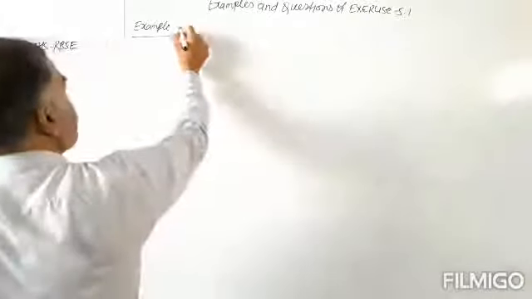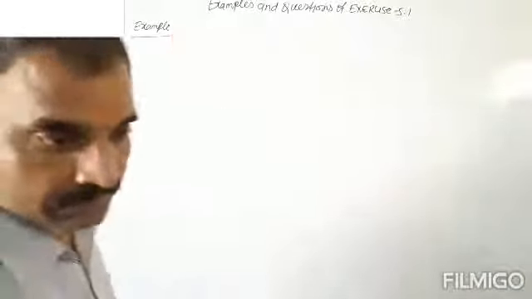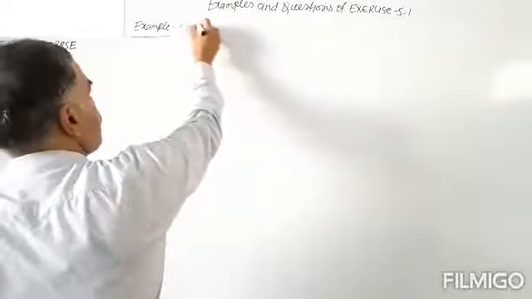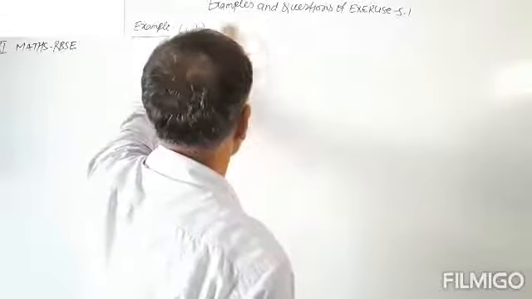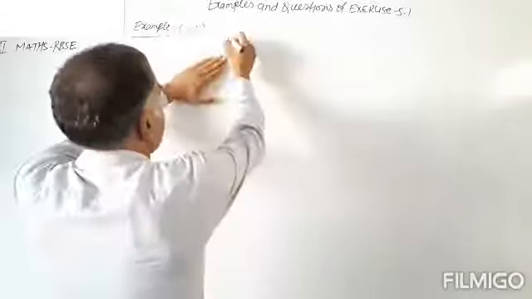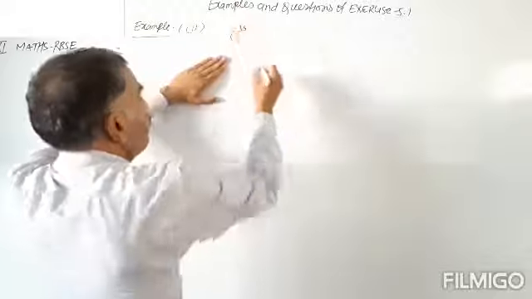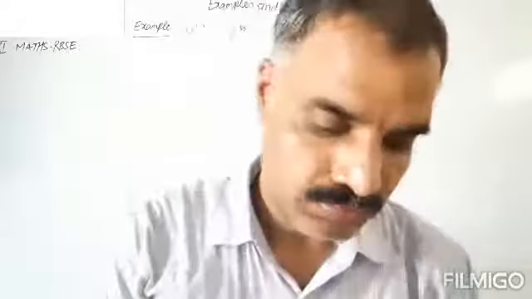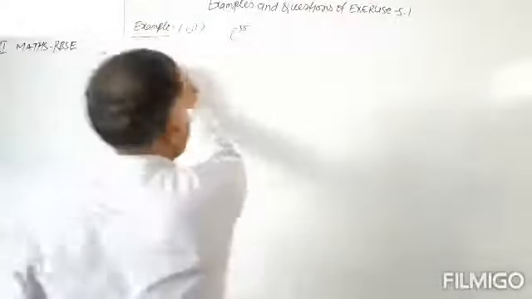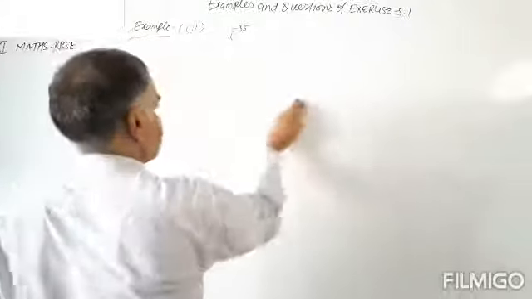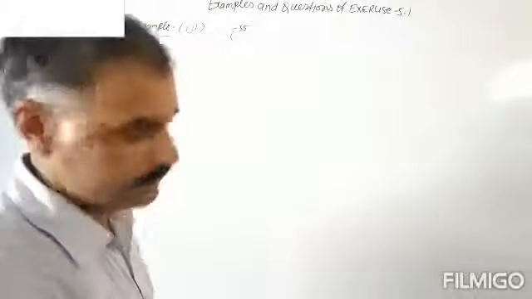So example number 6, second part: iota to the power minus 35. We want to solve this and put it in the form a plus iota b.